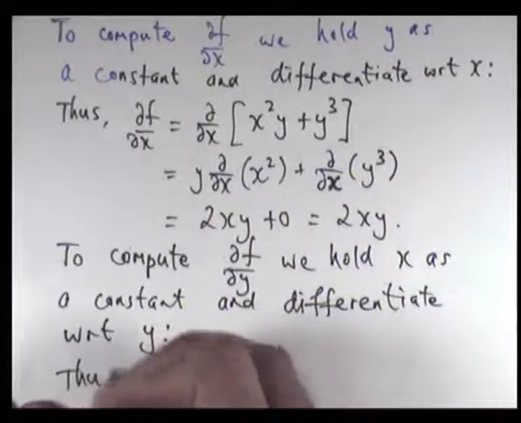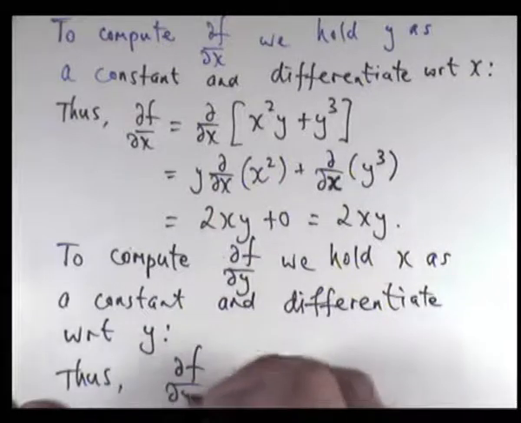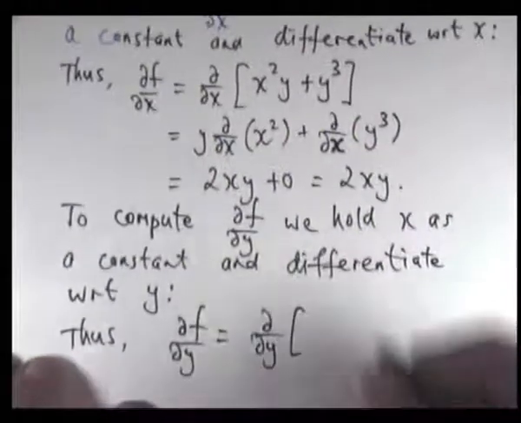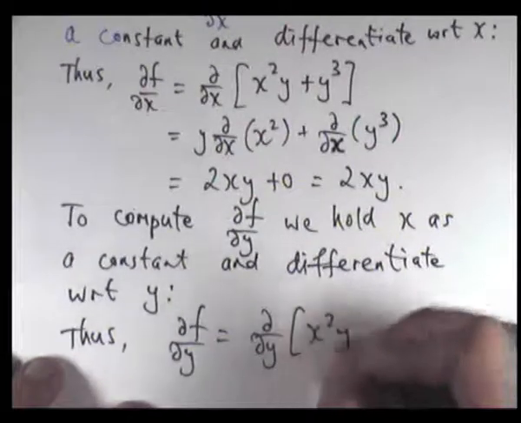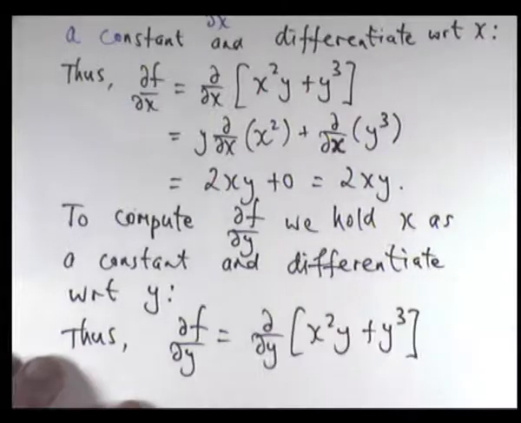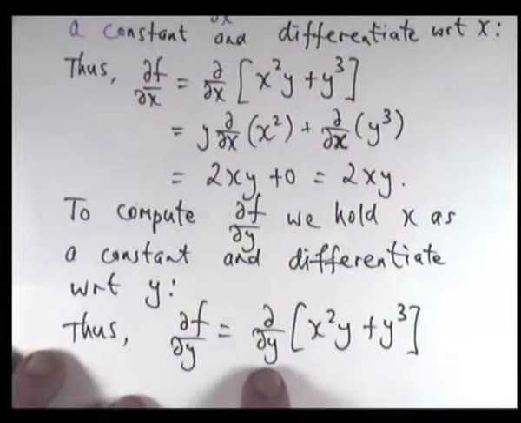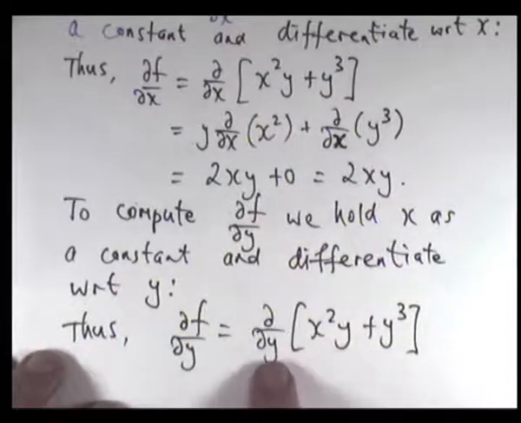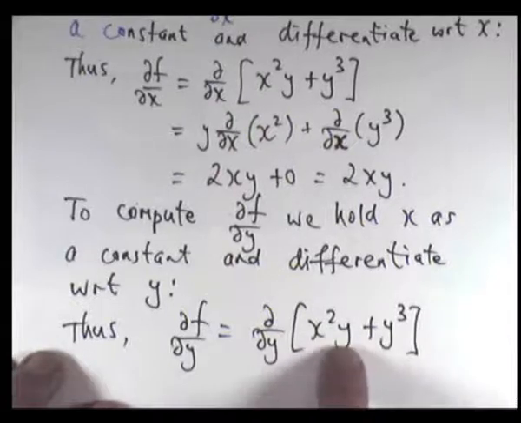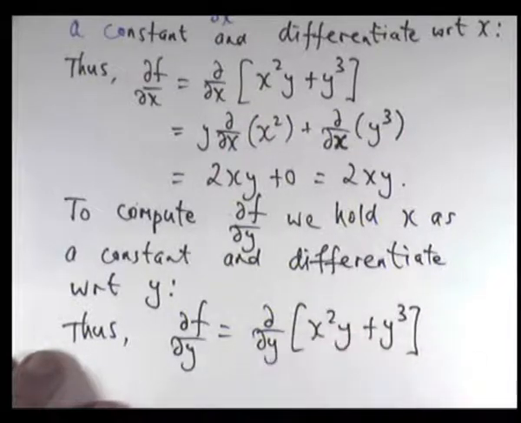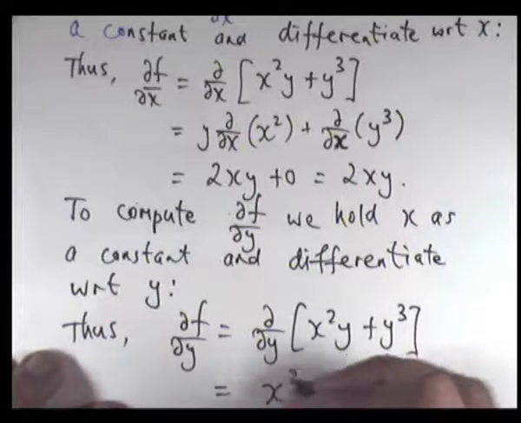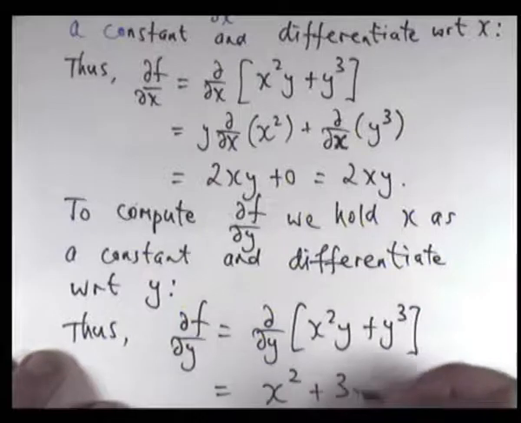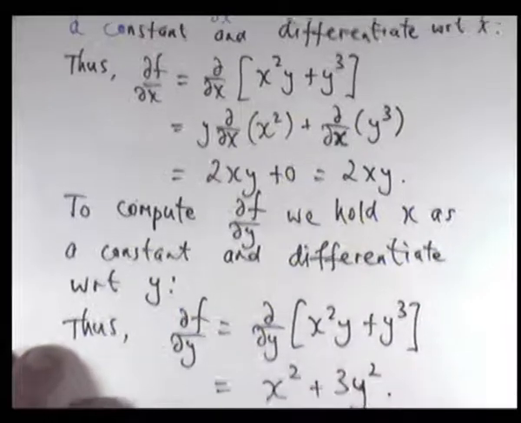So df dy is going to be the following. All right, so now let's have a look at what we're differentiating. We're imagining x is a constant and differentiating normally with respect to y. So that first term, the one y is going to go to 1 and the x squared is just going to stay there. And the second term is going to go to 3y squared.